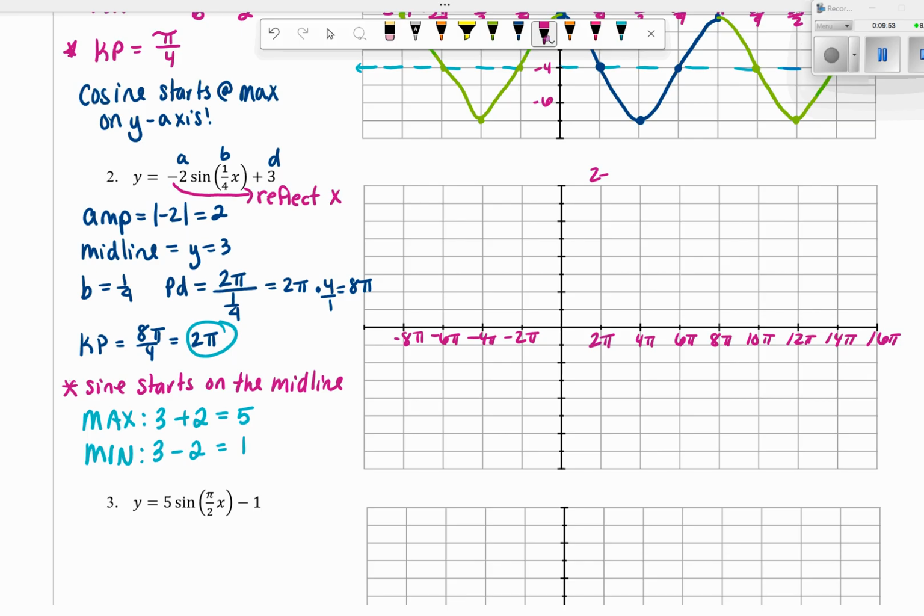And then my amplitude, again, you just count by 1 on the y-axis. So this would just be 1, or -2, -4, -6. All right. So we said that the midline is at 3.